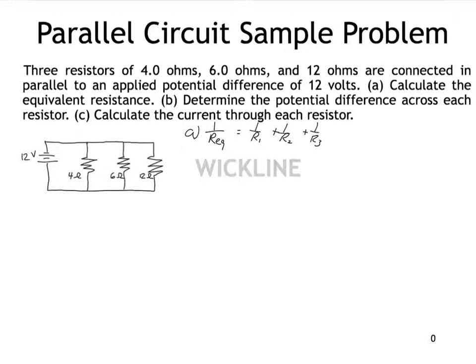I can do this relatively straightforwardly, so let me plug in values. My answer for 1 over Req is 6 over 12, which means that my answer for Req is 12 over 6, or of course 2 ohms.